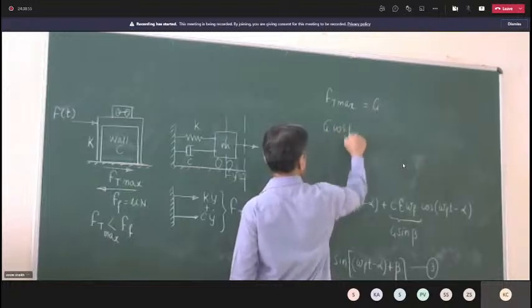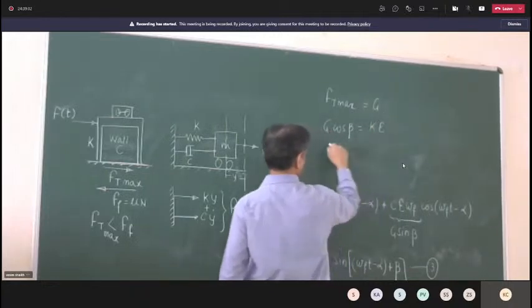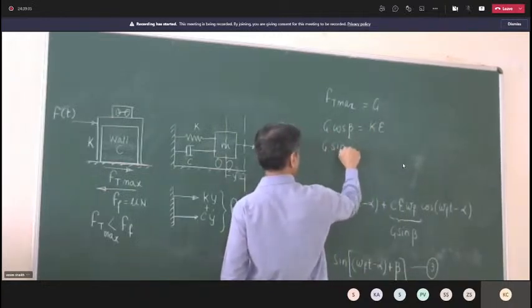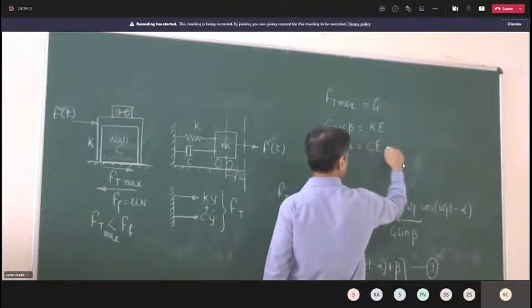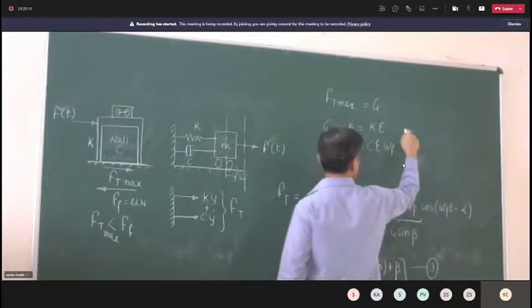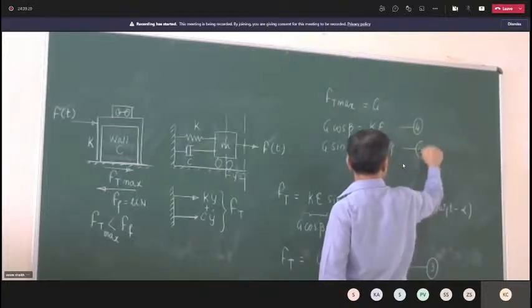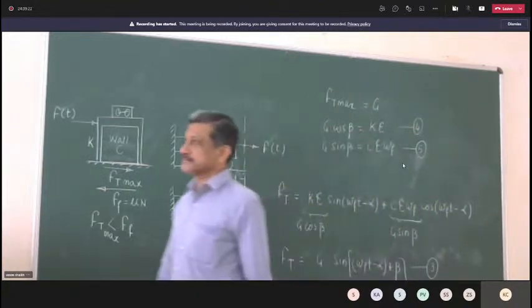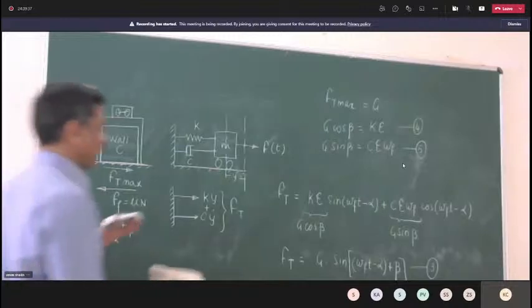G cos theta is A2 and G sin theta is C omega F. This is equation 4 and this is equation 5. Squaring and adding equation 4 and 5.